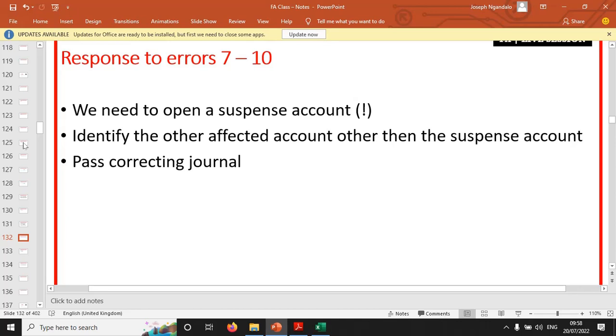But if you don't know the error, what will happen? You guess, you throw a pencil and land on the fire. So what we're saying is, know your errors. There's the first 6 and the last 4. The first 6 do not affect the suspense account, but the last 4 will.